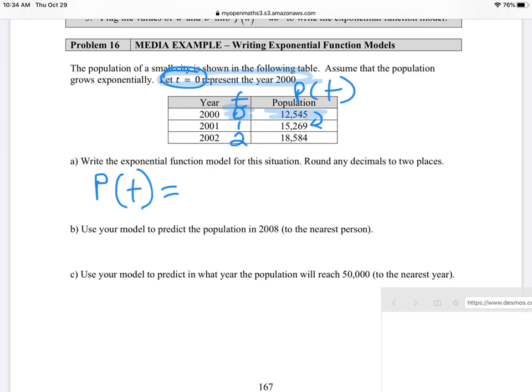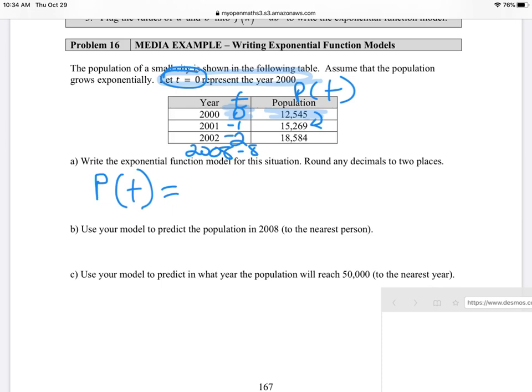Now, if 2000 was 0, and 2001 was 1, and 2002 was 2, then 2008 will use an 8. So I'm going to replace the t with an 8. And then I'm just going to type that in my calculator: 12,545 times 1.22 raised to the 8th power.